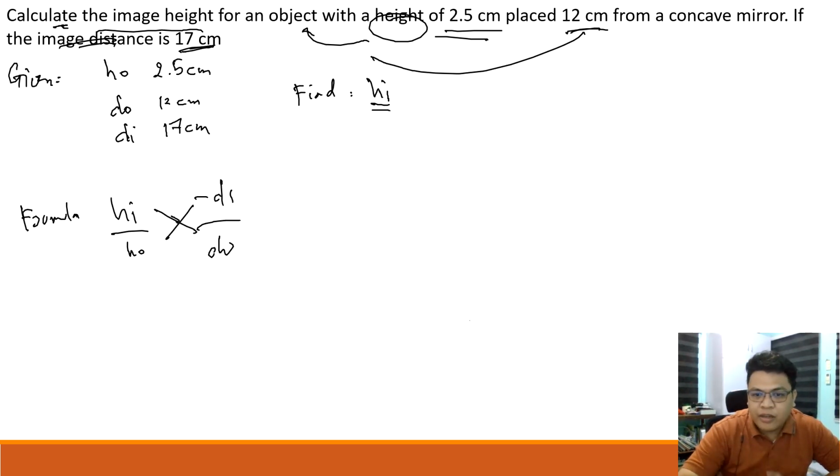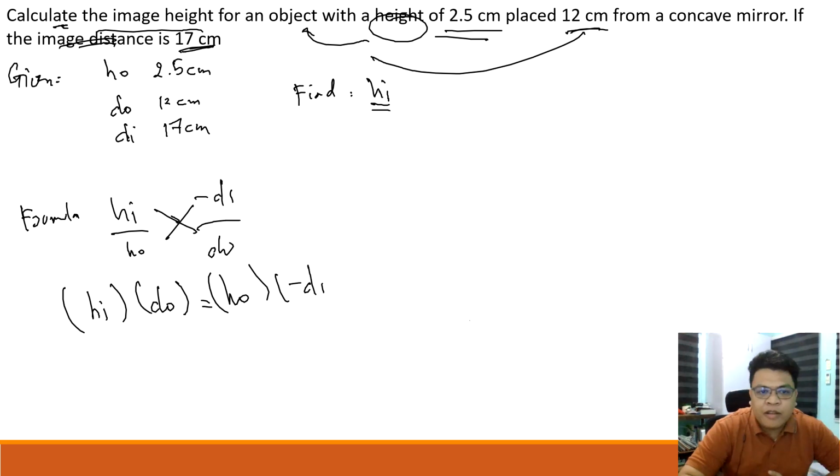So we can have a linear equation of HI multiplied by DO is equal to HO multiplied by negative DI. So for my own logic here, I need to isolate HI, o gusto kong iwanan si HI at matanggal si DO dito.